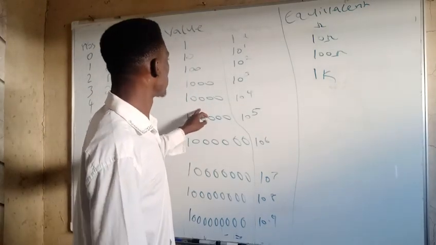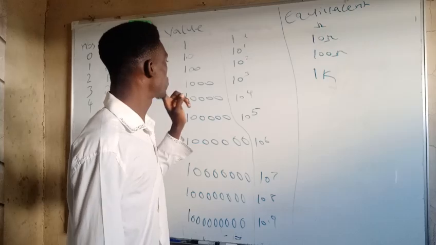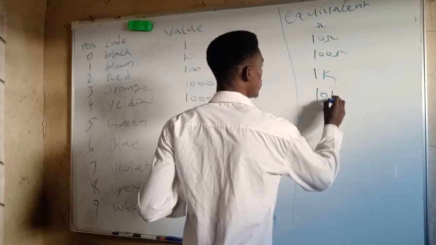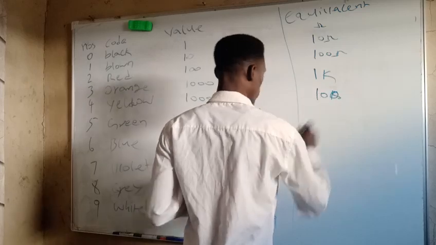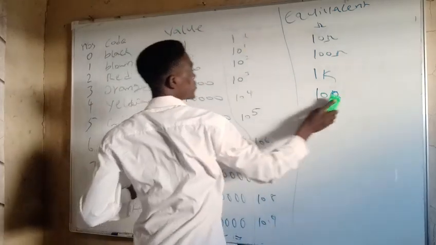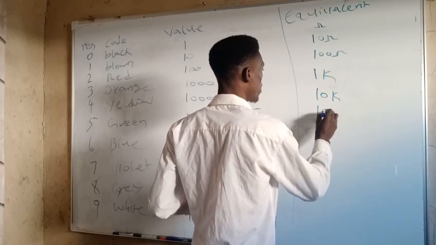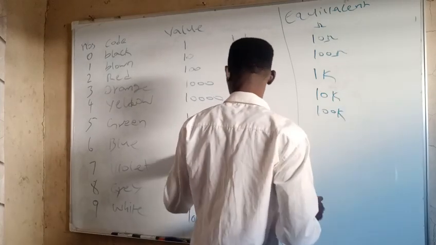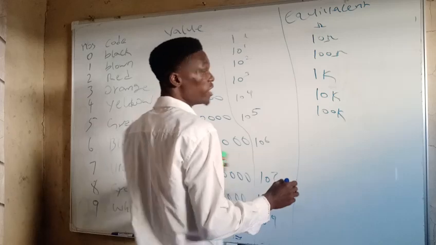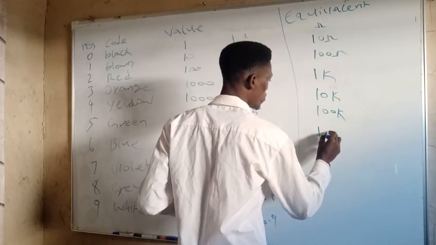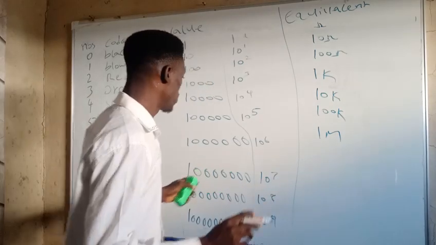So yellow is 10,000. So we give you 10 kilo ohms. Green is 100 kilo ohms. While blue is 1 mega ohm.